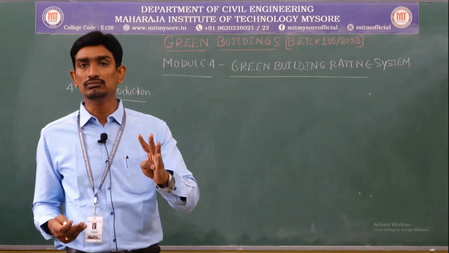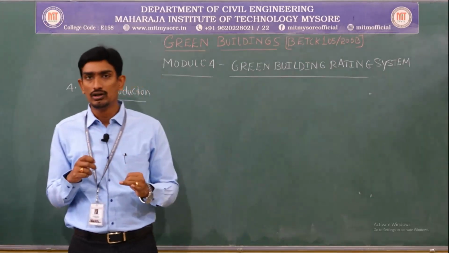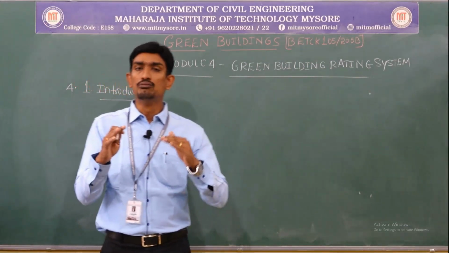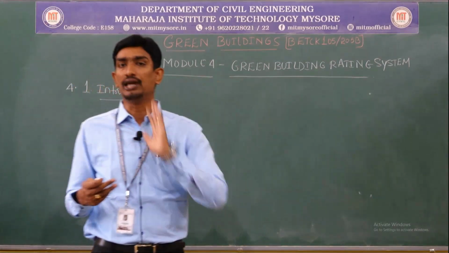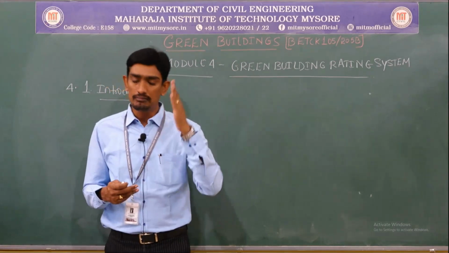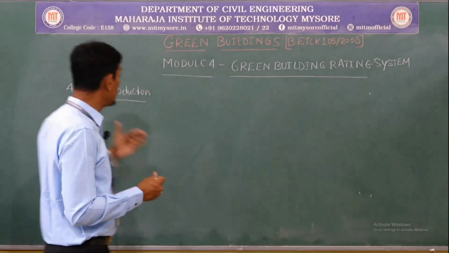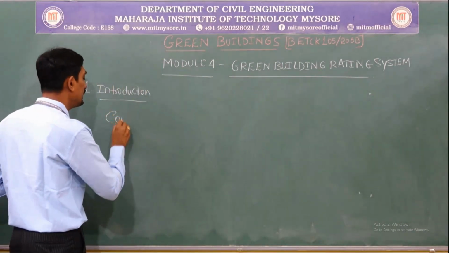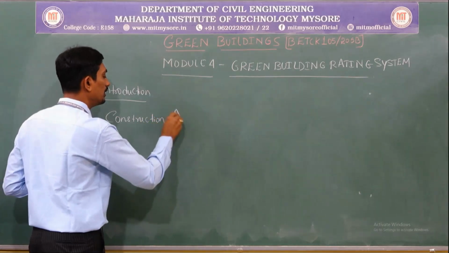The metro has come, the flyovers have come, the area has increased. Why? Because of more urbanization and more movement of people from one place to another. Is it clear? Because of this rapid urbanization, the construction is also increasing.